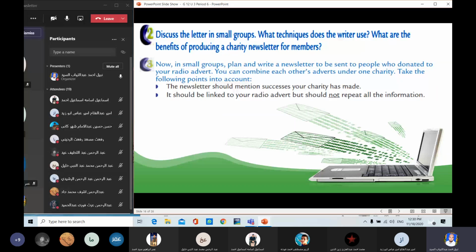You can combine each other's adverts under one charity. يعني ممكن كل واحد يعمل اعلان وتجمعوا كله اعلان واحد. مثلا امير بيعمل اعلان عن جمع الملابس, حسن عن جمع الاموال, رفعت بيجمع فلوس, اسري بيعلم الاولاد. يبقى كل ده بيكون خاص بجمعيه واحده.